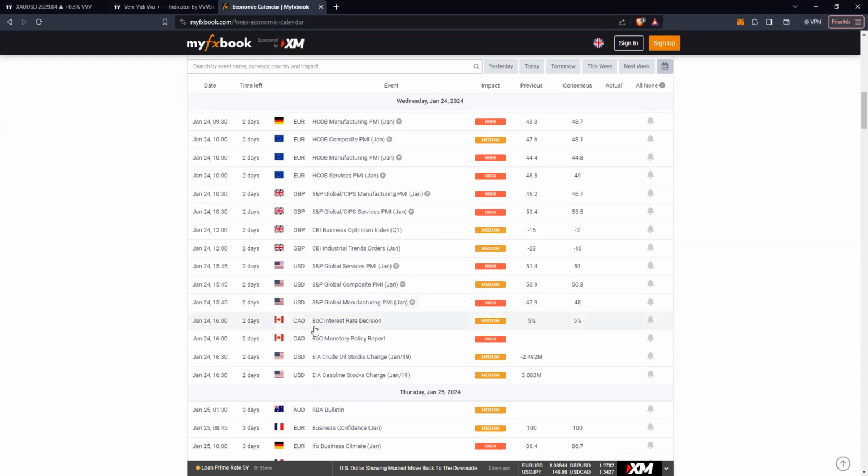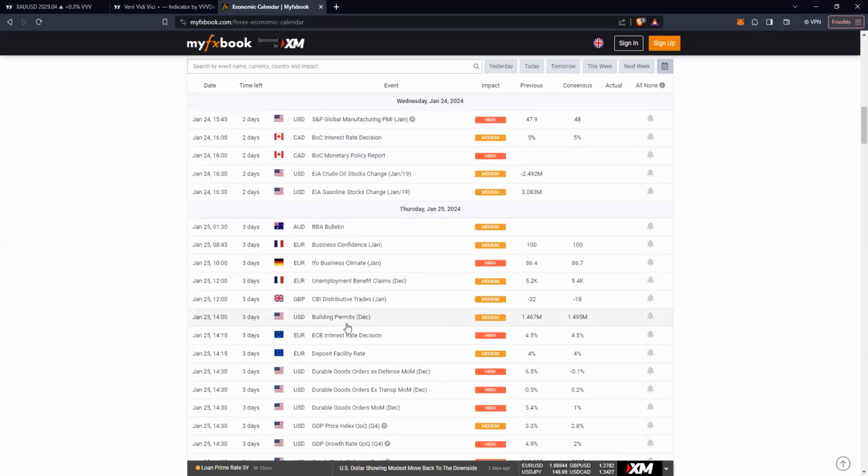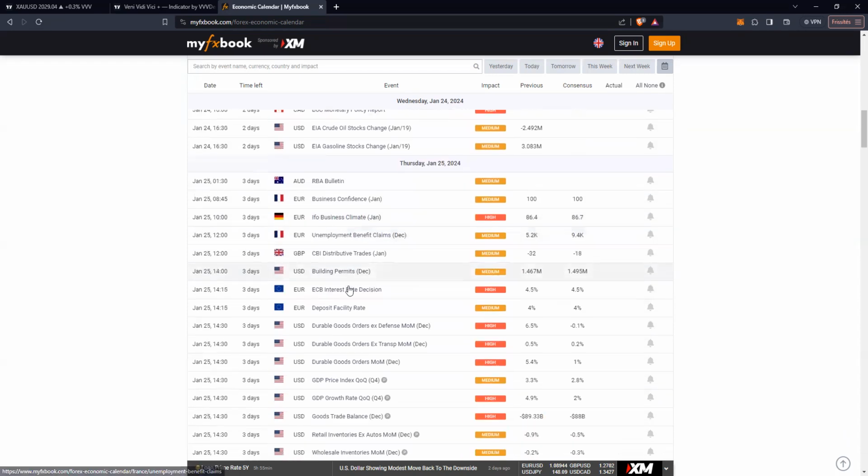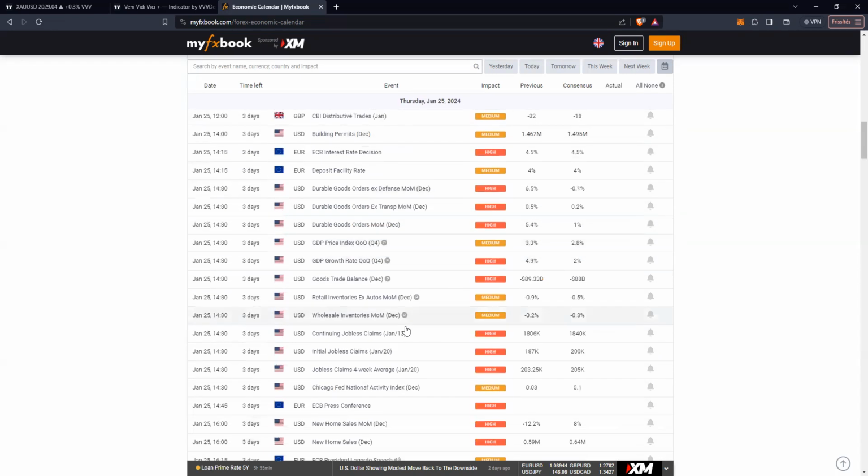A bigger deal is the interest rate decision from the Canadian dollar on Wednesday. That could bring some liquidity in the market. And then Thursday, interest rate decision from the euro, which is the main event.